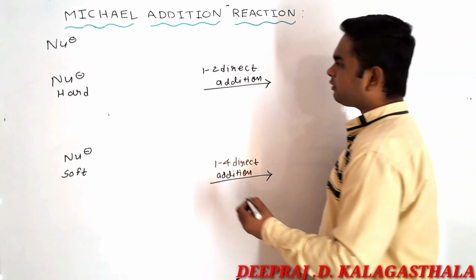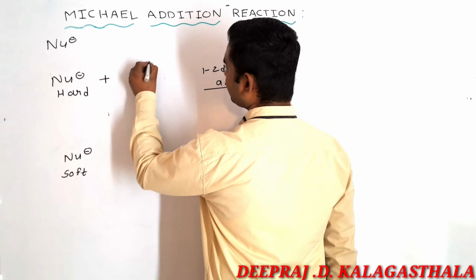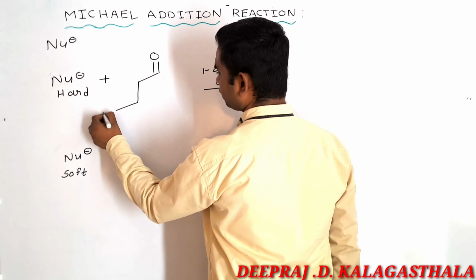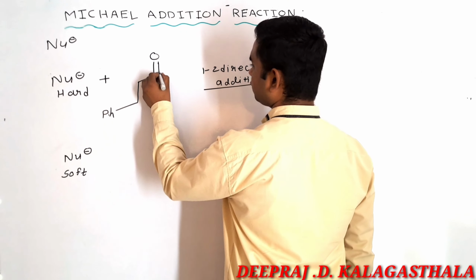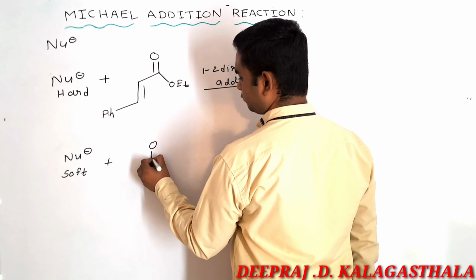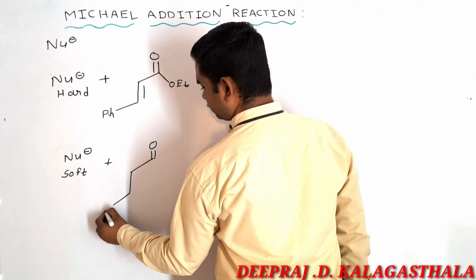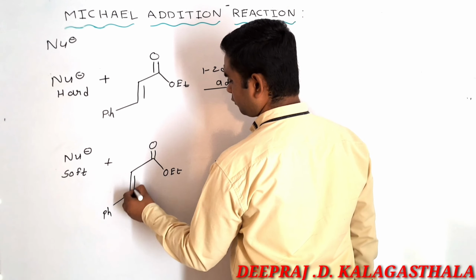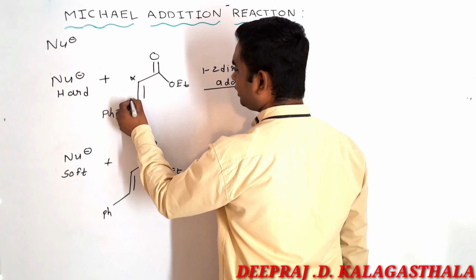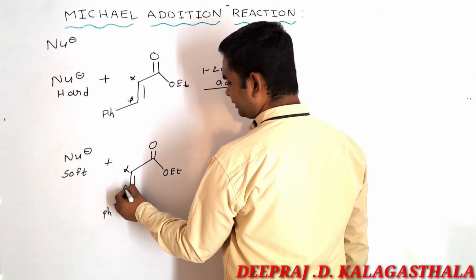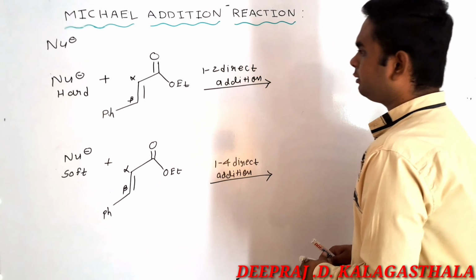Here our electrophile is an alpha-beta unsaturated ester compound. It is the alpha carbon, it is the beta carbon.